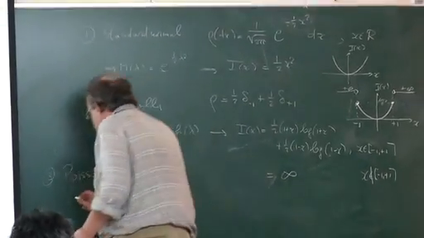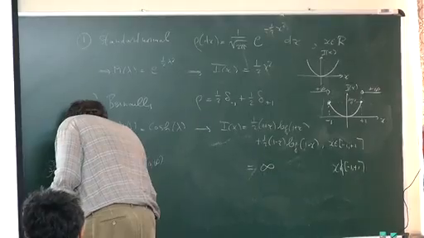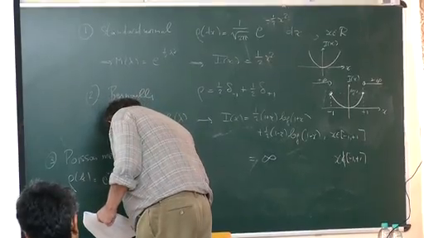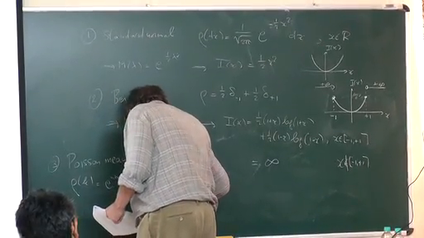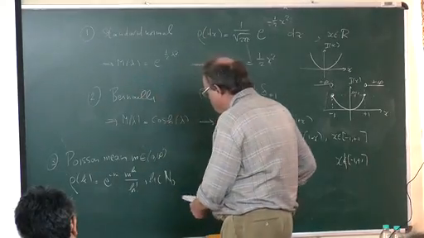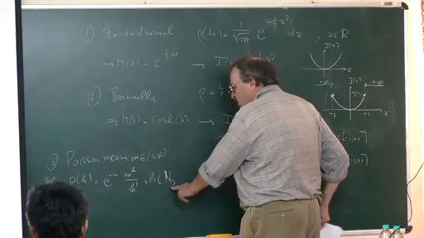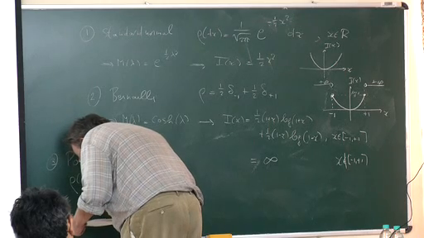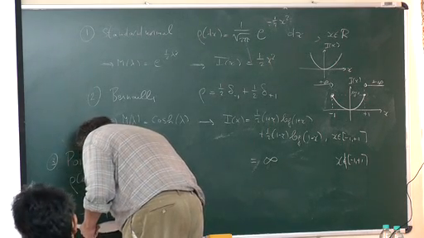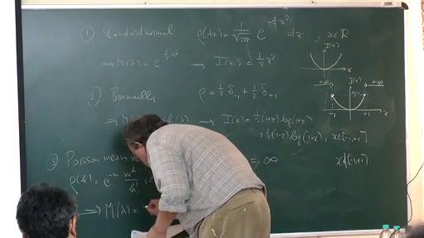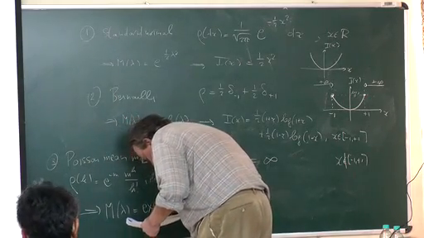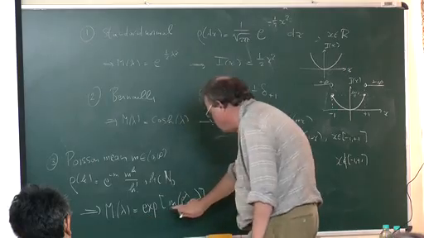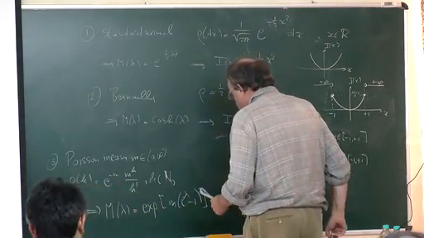In that case, rho of k is e to the minus m, m to the power k over k factorial, for all k in N0. N0 is all the integers including the point 0. If you then do your computation, you will find that m of lambda will be the exponential of m times (e to the lambda minus 1). So it's the exponential of something that also has an exponential in it.